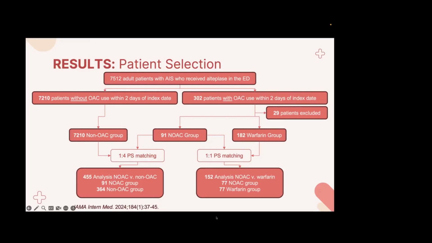I've also included the distribution here to the right for the warfarin versus the NOAC comparison, but in the interest of time, our focus during today's discussion is going to be completely on the NOACs versus the non-OAC exposures.